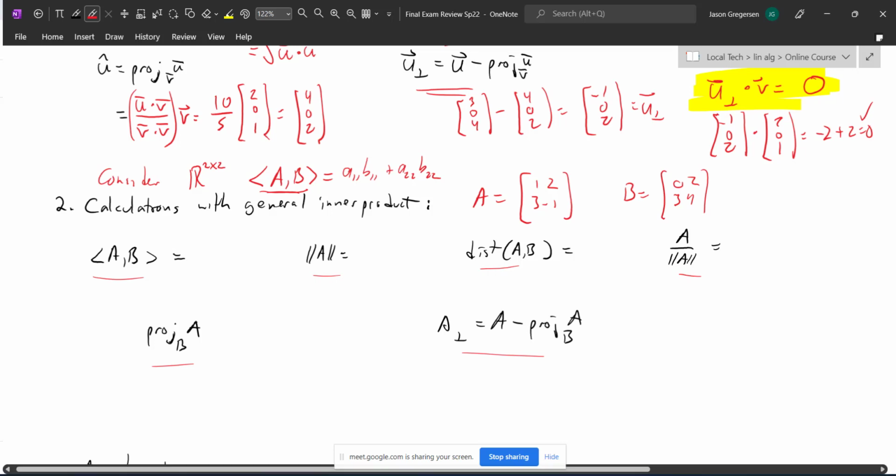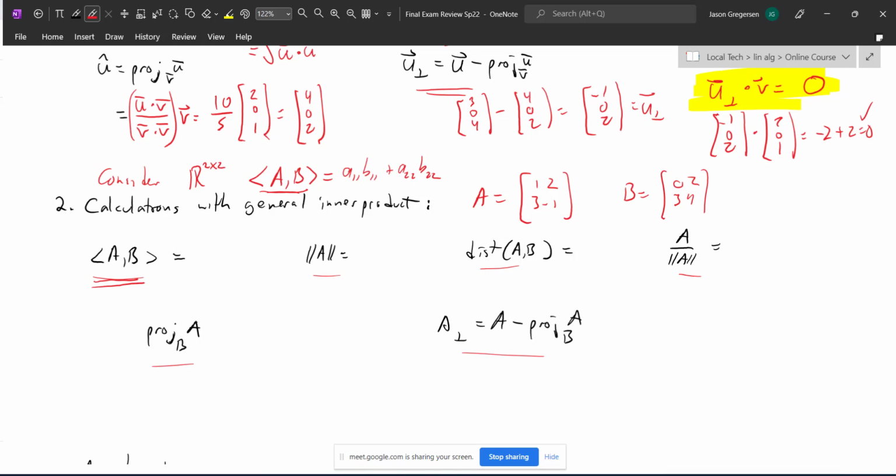For this problem, once you do your calculation, type your answer to the first one into the chat. What is A inner product B? Just type your answer to that one in the chat.